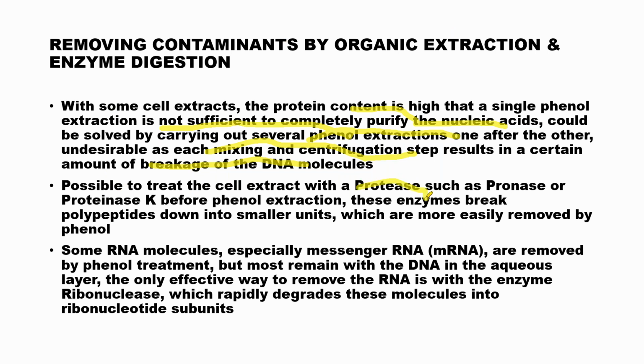Before going for phenol extraction, if we find that the protein content is more, we can add a protease enzyme, for example pronase or proteinase K. Pronase or proteinase K are examples of protease enzymes which can be added before phenol extraction. So if we add them, what is going to happen? These enzymes will break polypeptides down into smaller units.